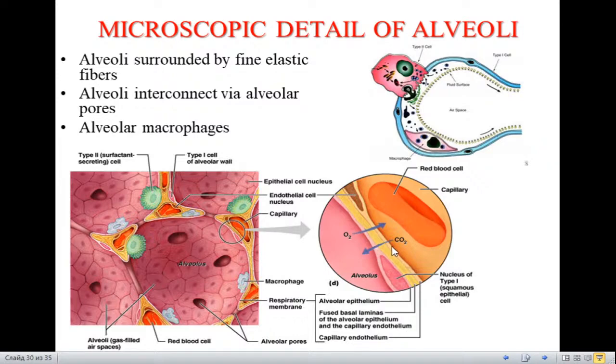From the side of the capillary, it is formed by the basal membrane of the capillaries. So it consists of the basal lamina of alveolar epithelium, and capillary endothelium. Gas exchange between alveoli and capillaries happens only in the region of the air-blood barrier.